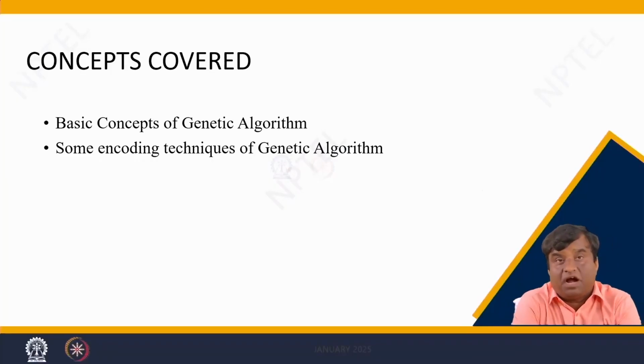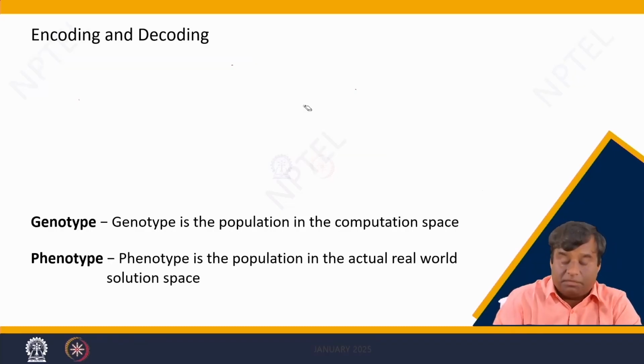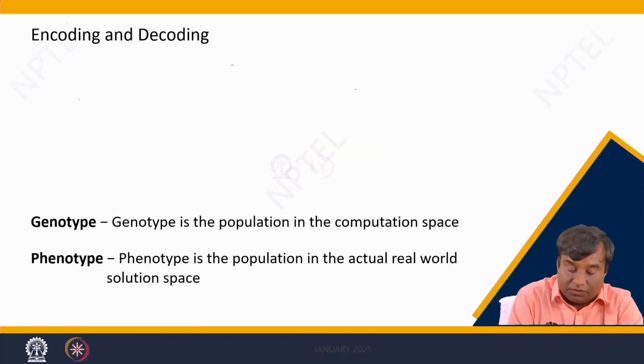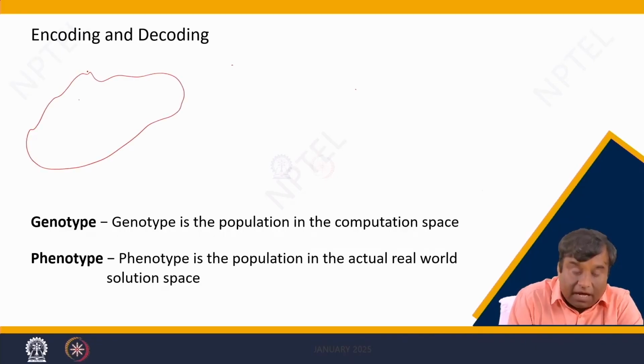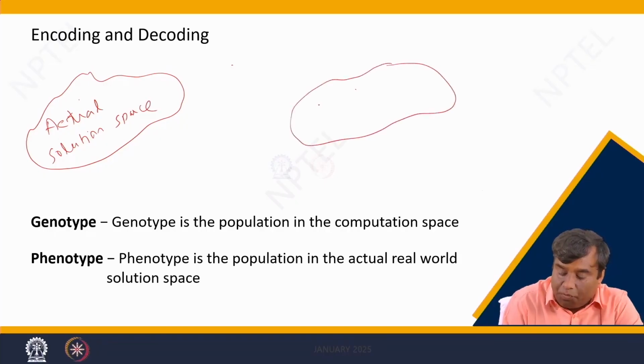Till now, we have covered basic concepts of genetic algorithm and some encoding techniques of genetic algorithms. So, we have learned some encoding and decoding techniques. Basically, this is known as the actual solution space, and this is known as computation space.